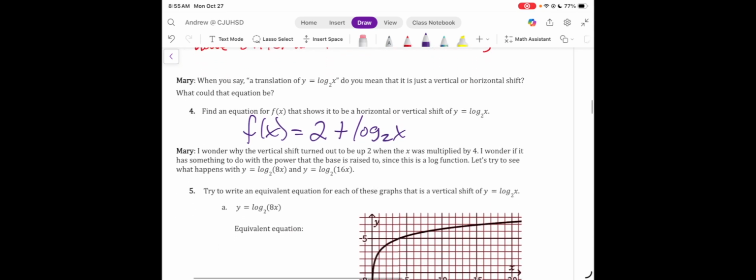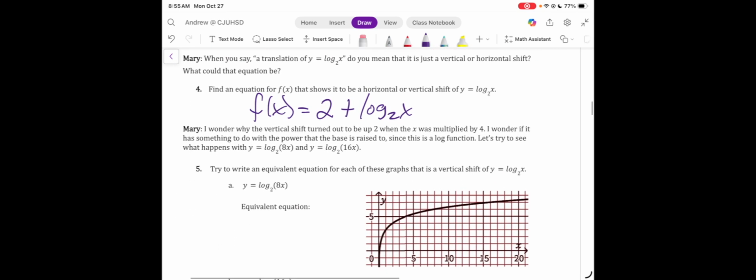Now Mary says, I wonder why the vertical shift turned out to be 2 when x was multiplied by 4. I wonder if it has something to do with the power that the base is raised to, since this is a log function. Let's try to see what happens with y equals log base 2 of 8x and y equals log base 2 of 16x.